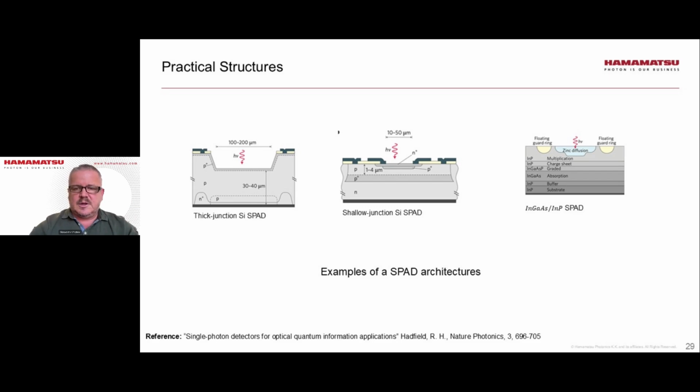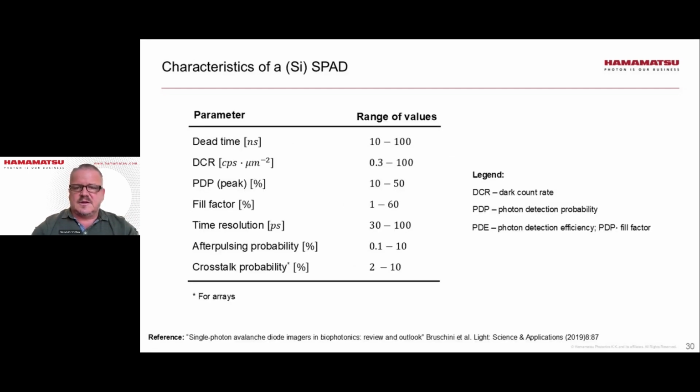That would not work. There are generally two types of structures, thick junction and shallow junction. The shallow junctions are typically used in arrays. On the right-hand side, you see a structure made of indium gallium arsenide and indium phosphide, and this structure is sensitive to infrared radiation, a highly desirable part of the electromagnetic spectrum for numerous applications.